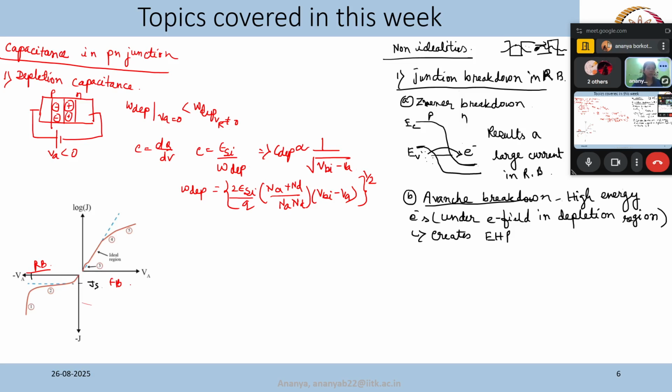And what we said earlier is that in reverse bias, the current is due to the drift, and drift of what? Drift of minority carriers. In the p side, electrons are moving. In the n side, holes are moving. As the width of the depletion region increases, there will be more minority carriers, and those will move, and overall the current will be slightly higher.